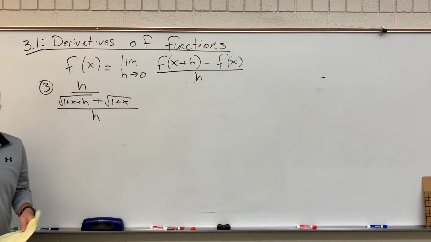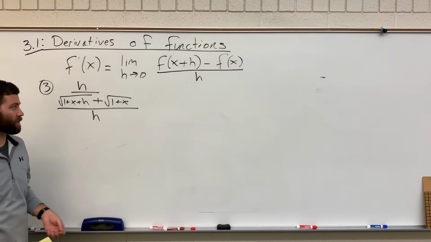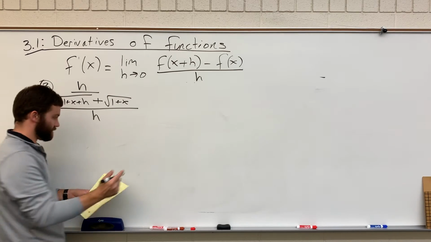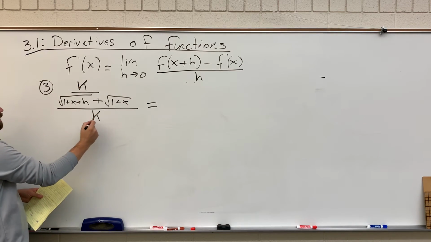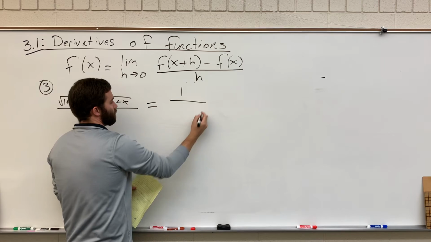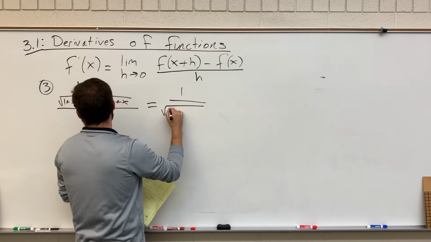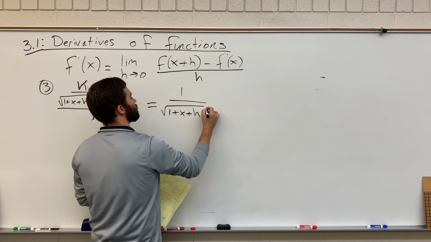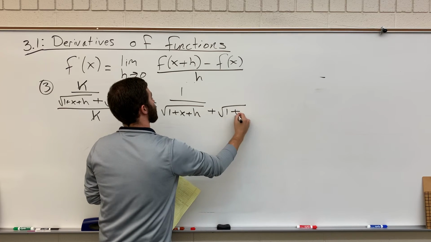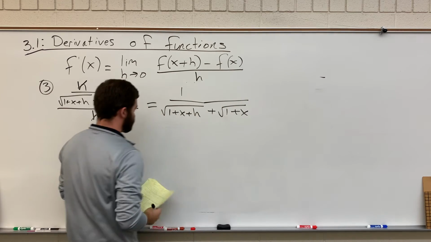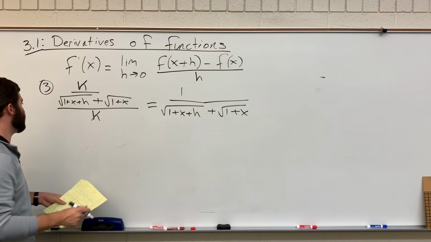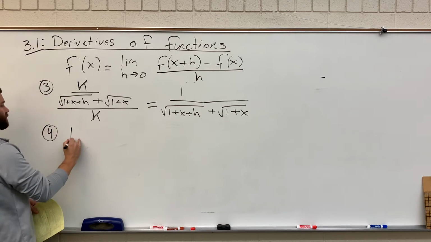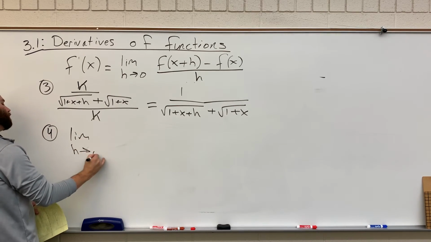Now we've talked about these complex fractions in a previous video, so I think I can say that this is just going to end up being 1 over 1, and so this will be 1 over the square root of 1 plus x plus h plus the square root of 1 plus x. Okay, so there is our step 3, which I didn't write, but it was divide by h. And then step 4 is to actually take the limit as h approaches 0 of that expression.